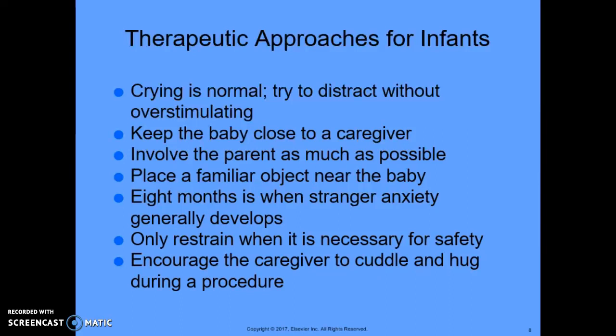We want to encourage the caregiver to cuddle and hug during the procedure, and some other things that can work if we're not overstimulating, something that has pretty colors. For example, I used to have a little rattle pen that made a nice soothing noise, and it could distract, especially if the baby was starting to get upset or crying, because it interests the baby.